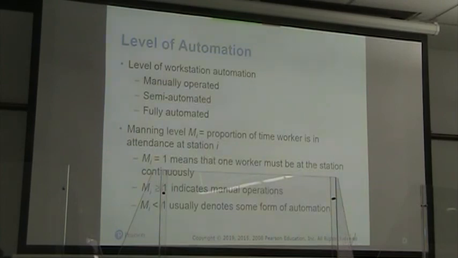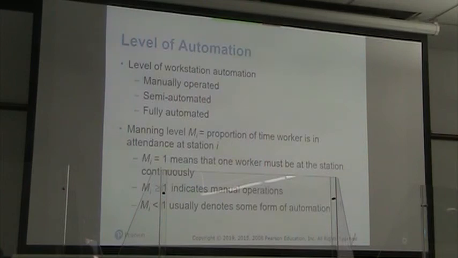All right, so our level of automation obviously makes a difference. The levels of workstation automation, we might have purely manually operated, we might have semi-automated, or we might have fully automated. Our manning level, M sub i, is the proportion of time the worker is at station i.